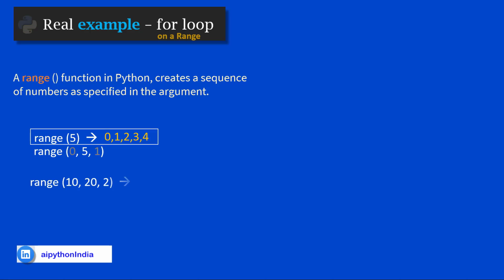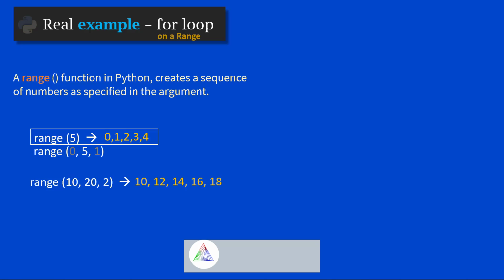Alright, we'll see some other examples of range. Let's say you want to generate numbers starting from 10, going up to 20 with an interval of 2. When you provide range 10, 20, 2, it will start at 10, go up to 20 but not including 20, with an increment of 2, right?